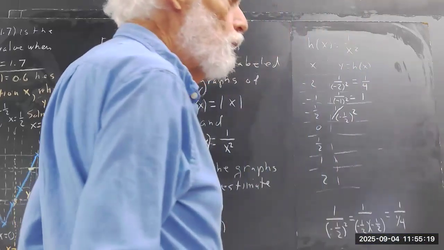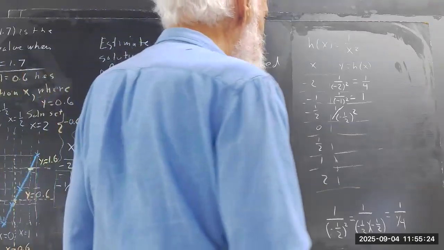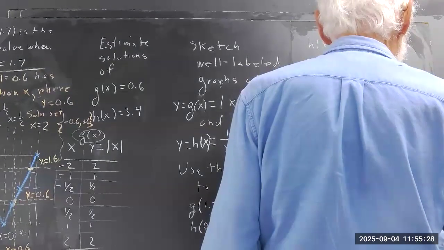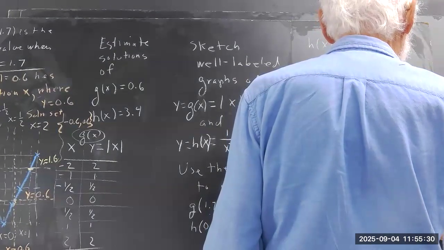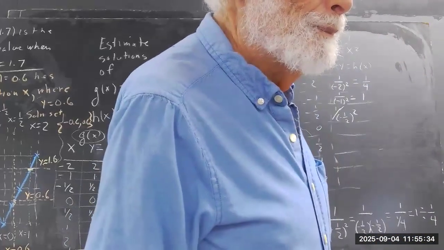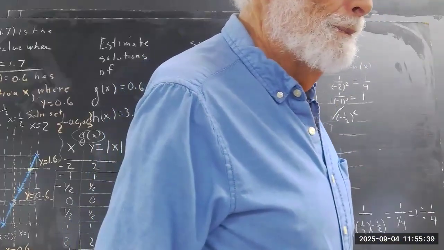That's 1 over 1/4. What is 1 over 1/4? That means one divided by 1/4, doesn't it? And when you divide by a fraction, what do you do? You multiply by the reciprocal.